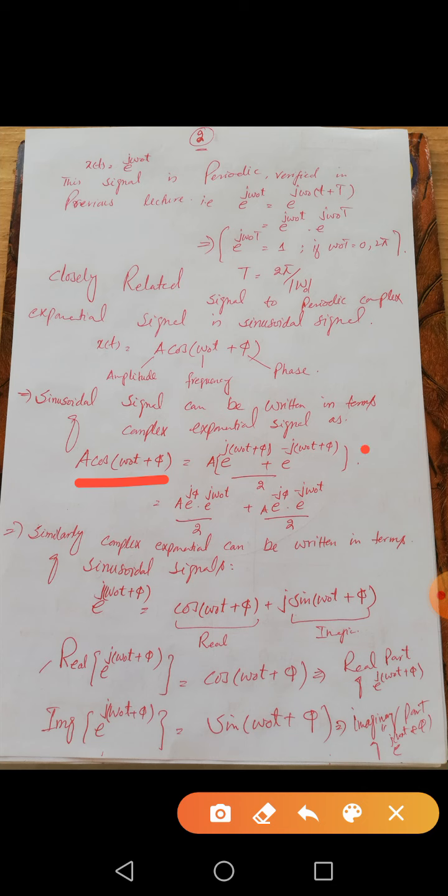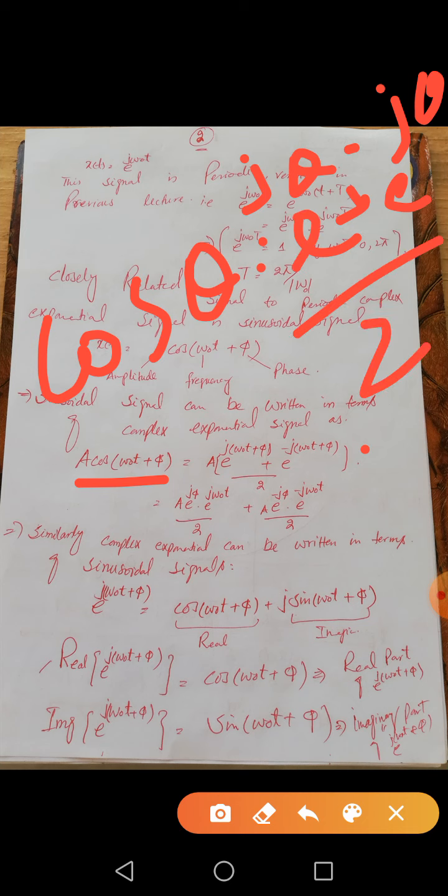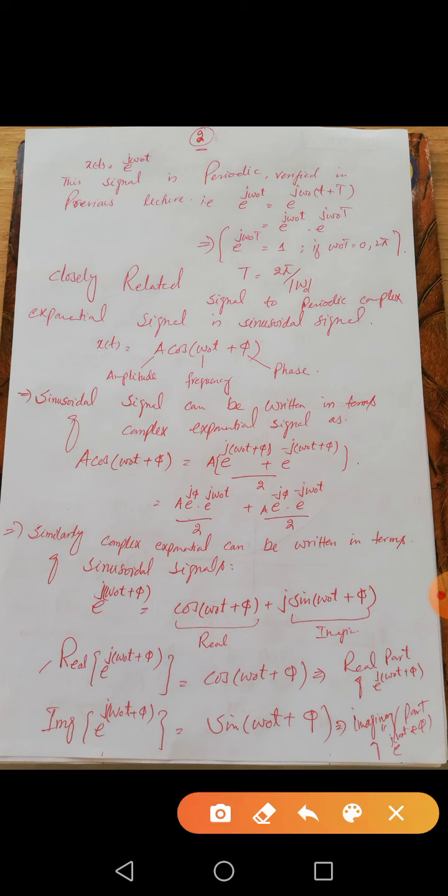I think you remember that cos theta is equal to (e power j theta plus e power minus j theta) divided by 2. Is it clear? So here we have used that relation: A e power j phi e power j omega naught t divided by 2 plus A e power minus j phi e power minus j omega naught t divided by 2.